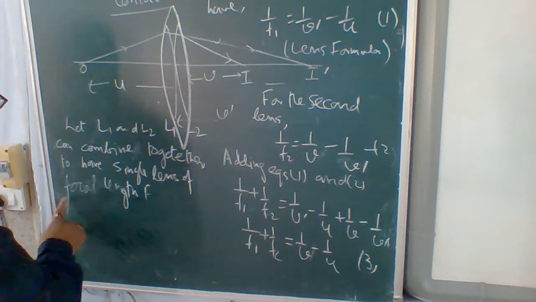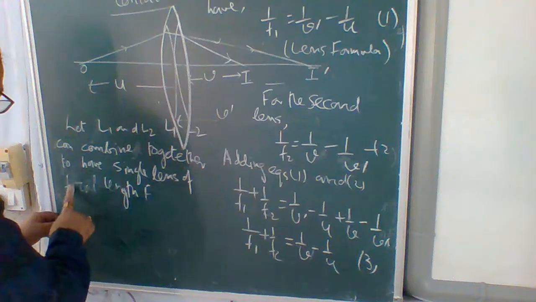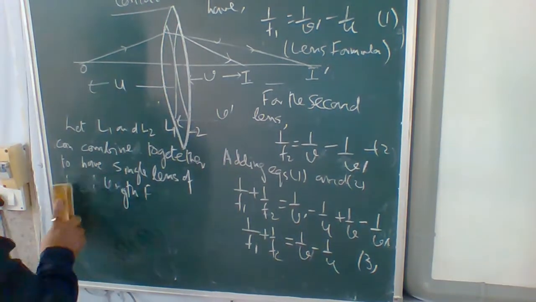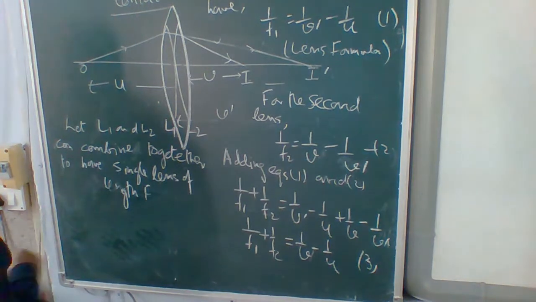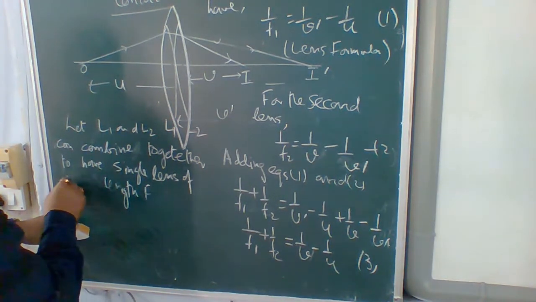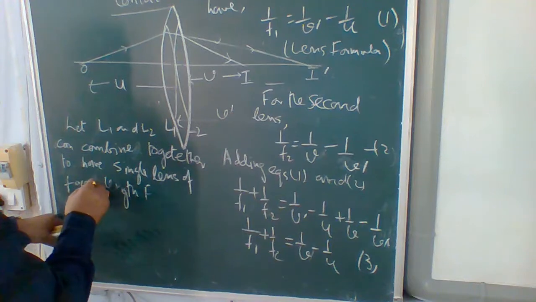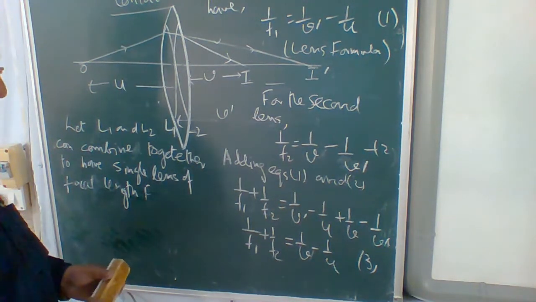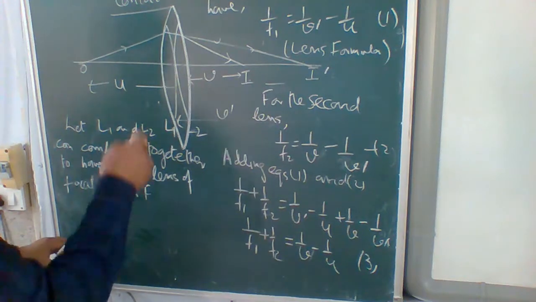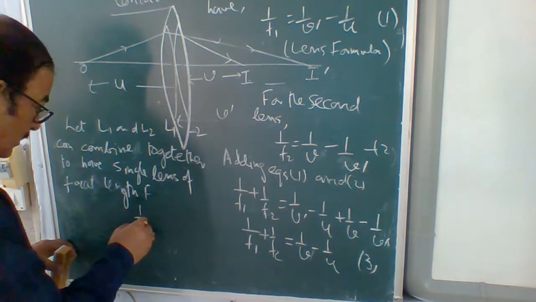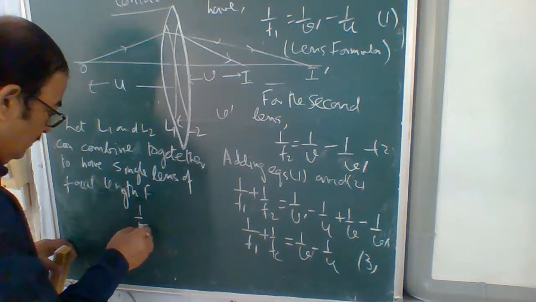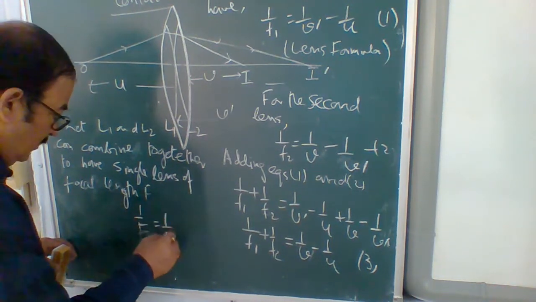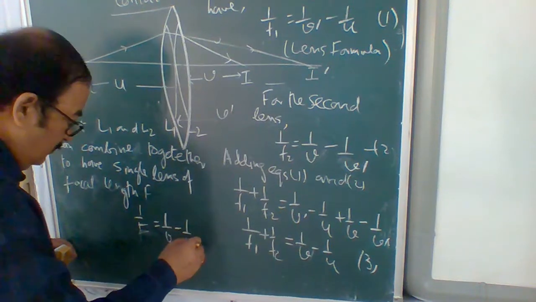This is your focal length f, and therefore for this lens we can have 1 upon f equal to 1 upon v minus 1 upon u.